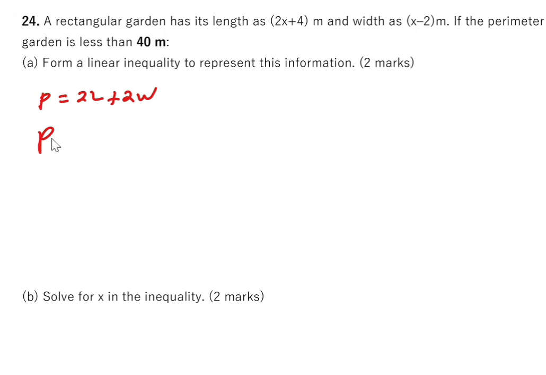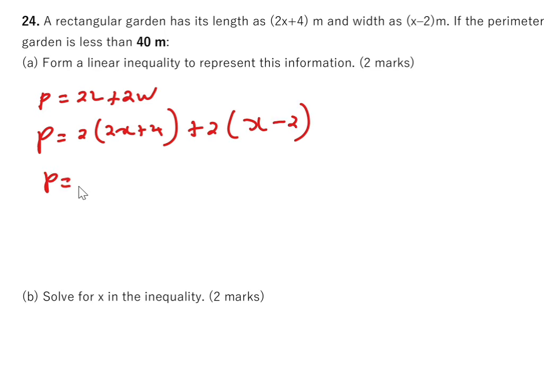The perimeter will be twice the length, so it will be 2 into 2x plus 4, plus twice the width, 2 into x minus 2. So our perimeter will be 4x plus 8, plus 2x minus 4.